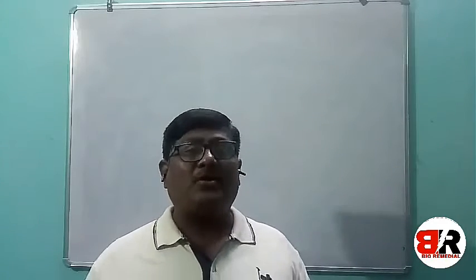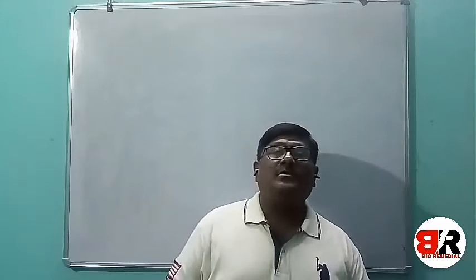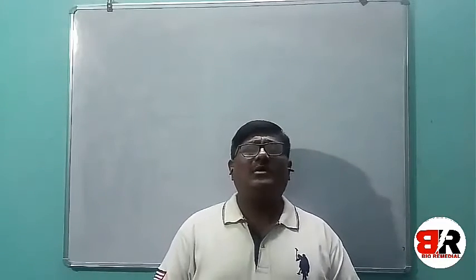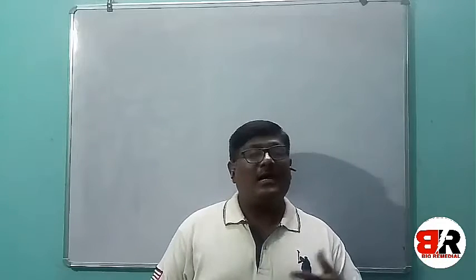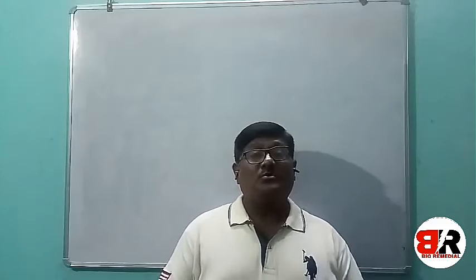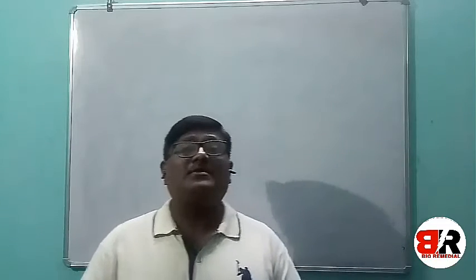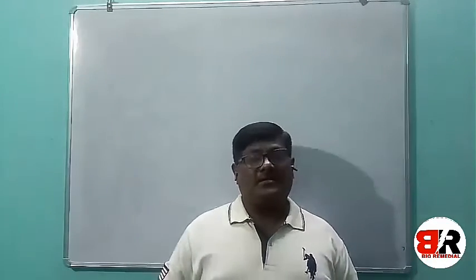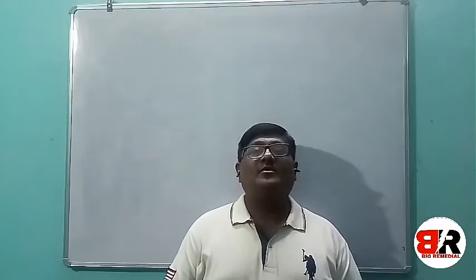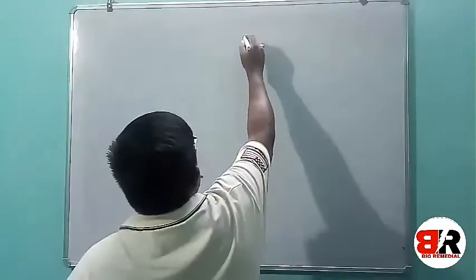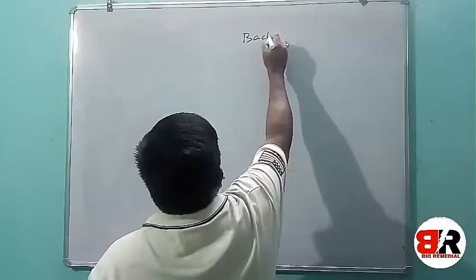Students, back cross is all about when any two individuals are crossed and a new offspring of the F1 generation is produced. When the F1 generation is crossed with the parent generation, that type of cross is called back cross. That means it's very simple. We will understand back cross.